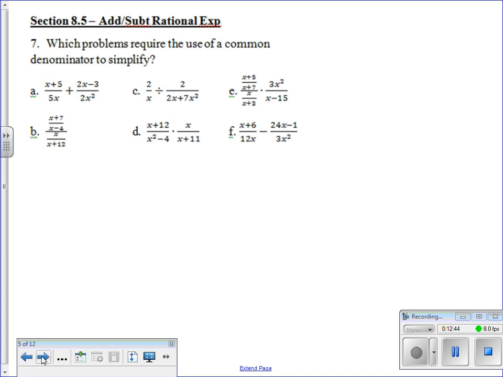You just need to know addition and subtraction require common denominators. So A and F require common denominators. More than one answer is entirely possible. It doesn't matter the type of fraction. You just have to know, if I'm adding or subtracting, I need a common denominator. Okay.